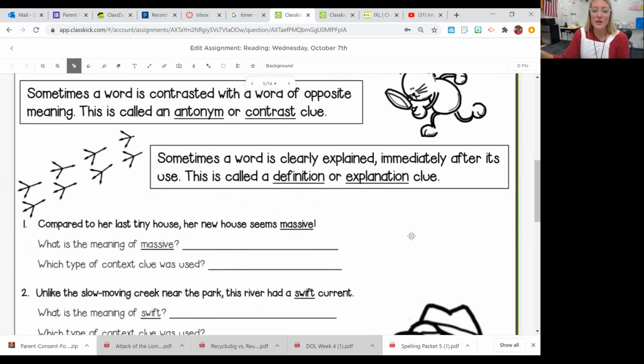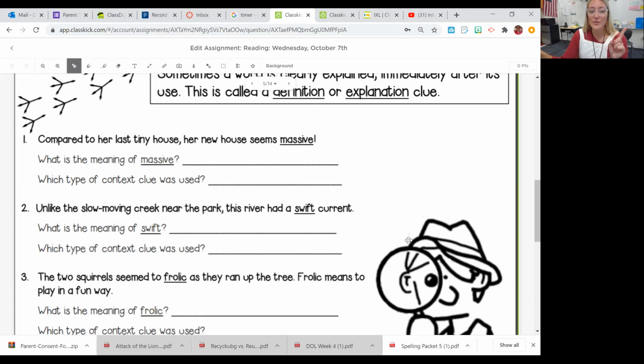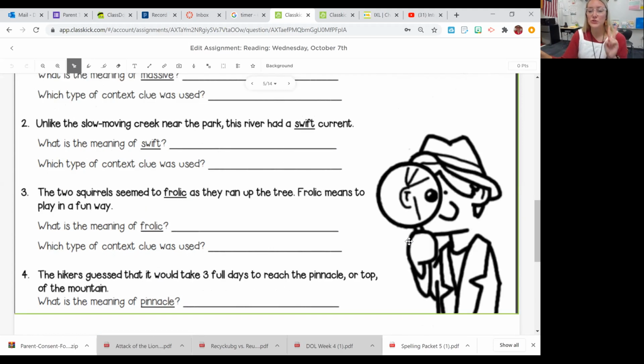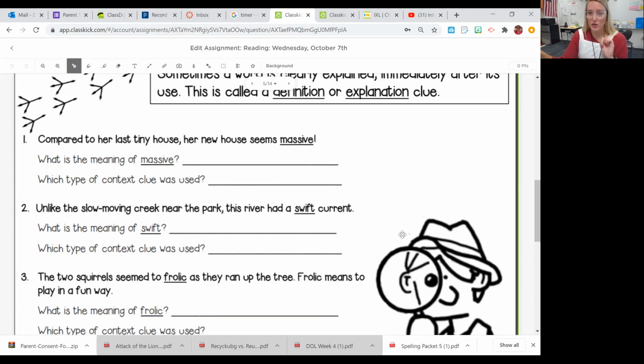Now at the bottom, we are going to look at one from Monday and one from today, antonyms and definitions. And we're going to try to figure out what the best way is to find the meaning of these words. We'll do two together, and then you'll do two on your own.